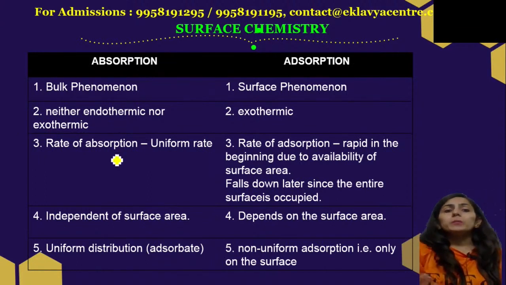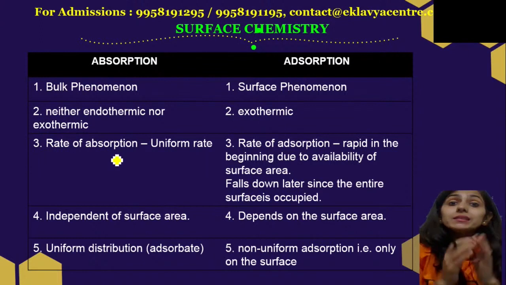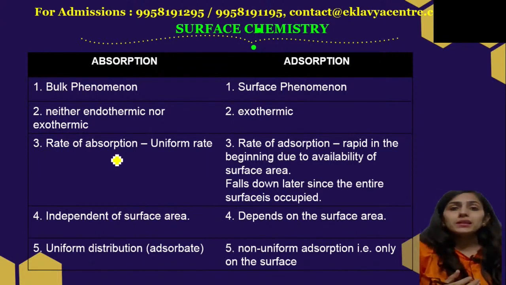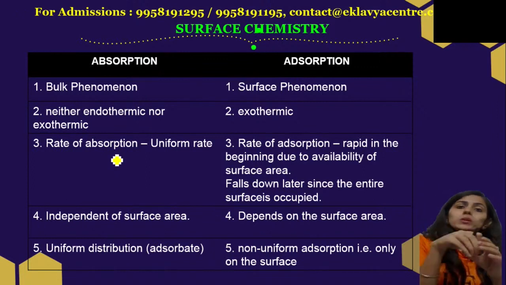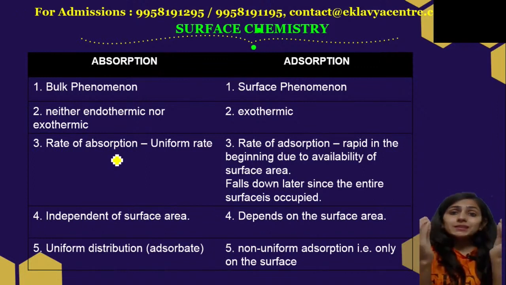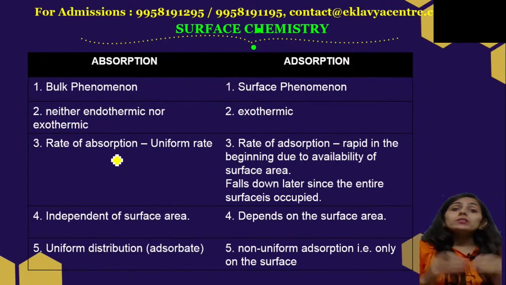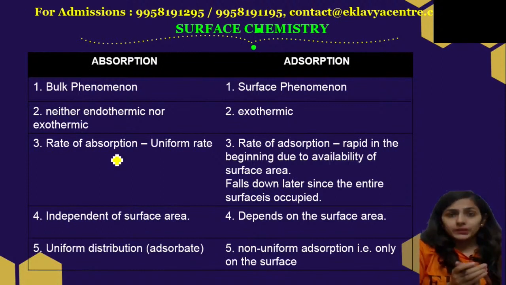Now, absorption has a uniform rate because it's a bulk phenomenon. Similar example: if I'm adding a sponge into the water, the molecules of water get inside the sponge uniformly throughout, right?